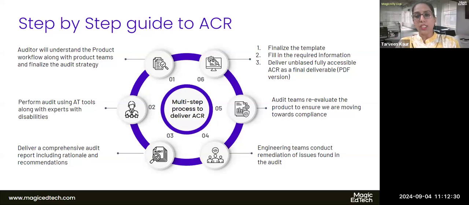Once the final audit is completed, we'll send the audit reports to our engineering team or the remediation partners, and help them understand the category, top priority issues, how we have reported issues, and what the high severity issues are. We need to work in collaboration with them to give the message that the reported issues are important from an accessibility standpoint.